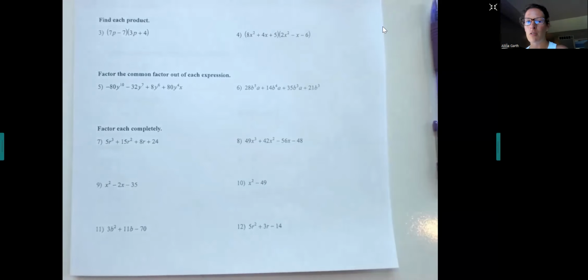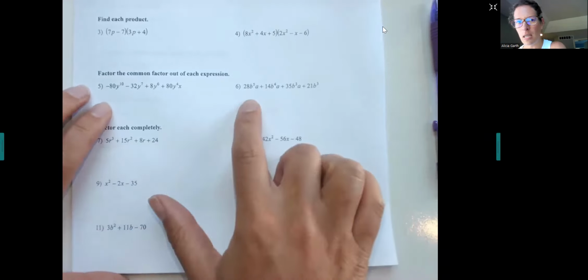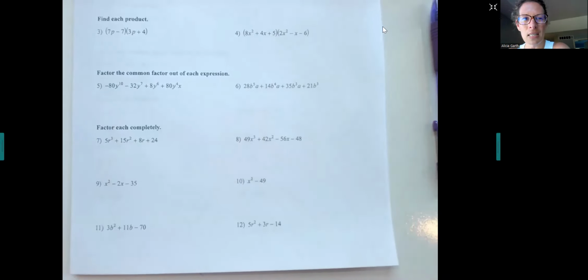I'm going to show you how to do number 12. Now, I'm going to go over what's expected on 5 through 12. So 5 and 6, all you're doing is finding the greatest common factor. What that means is that you're finding the highest number and the highest variable that can come out of every single one of these.